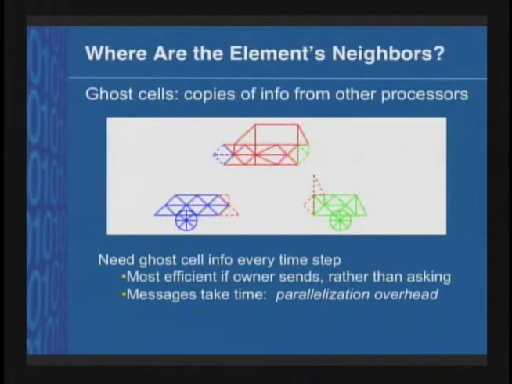Remember, it's owner computes. The blue processor is responsible for those blue triangles, but it has to get information from the red processor. Those things are called ghost cells. They're just copies. So the blue is not going to do any of the calculation of those dotted red things. It just will get a copy from the red processor saying, here's what I calculated. Just use that.